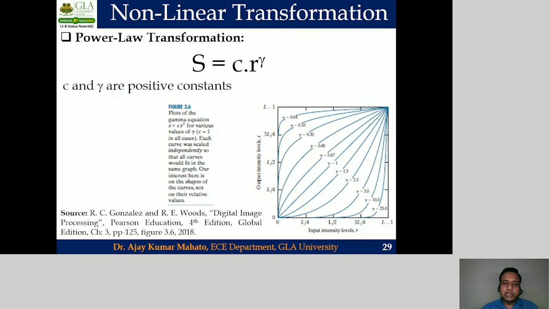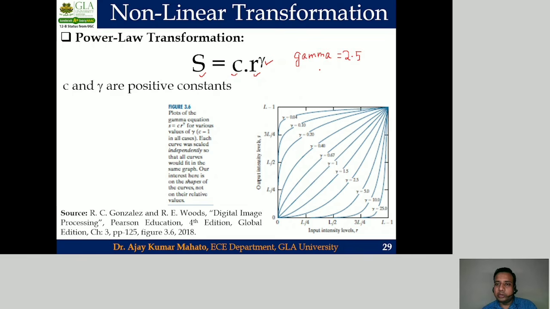Once again, the general equation of power law transformation is S equals C R to the power gamma, where R is my input intensity level, S is my output intensity level, and C and gamma are constants. Just now we have plotted the transformation curve for gamma equals 2.5.